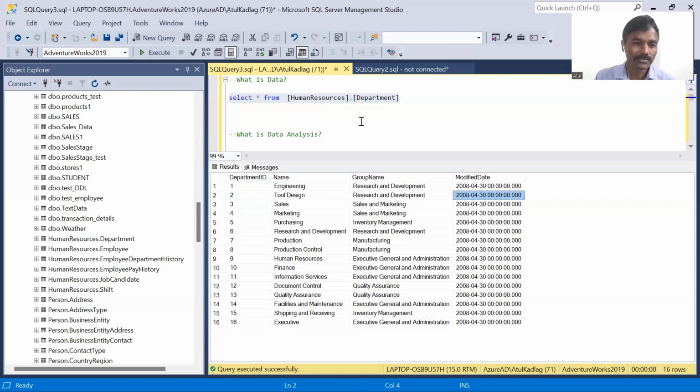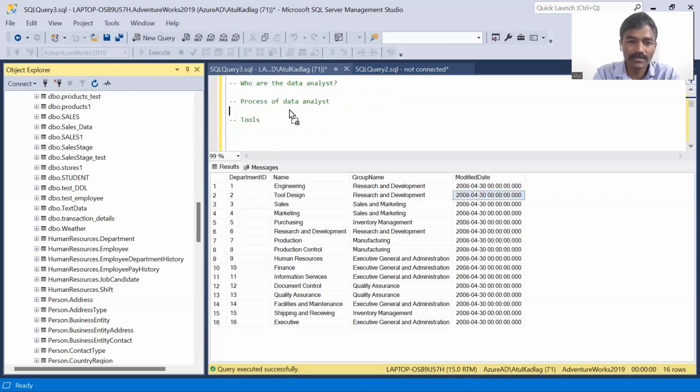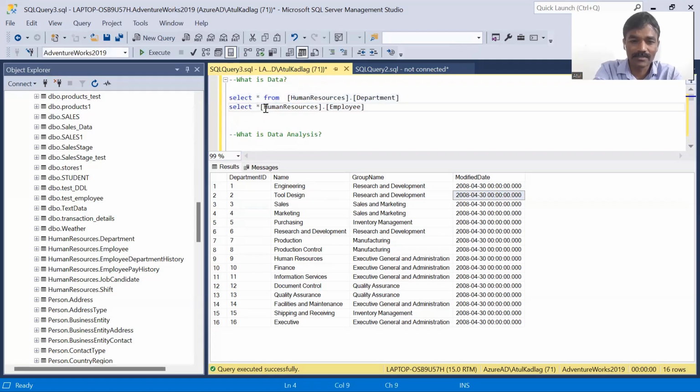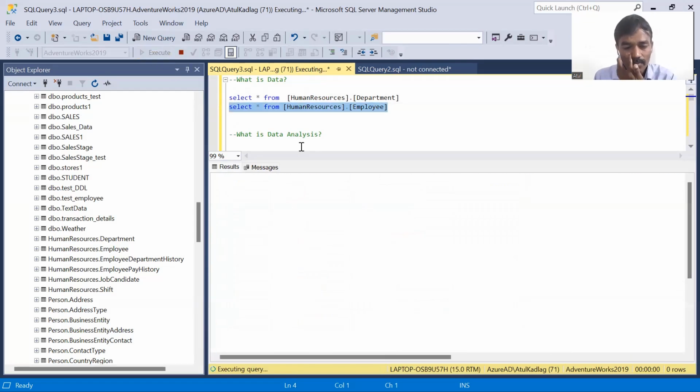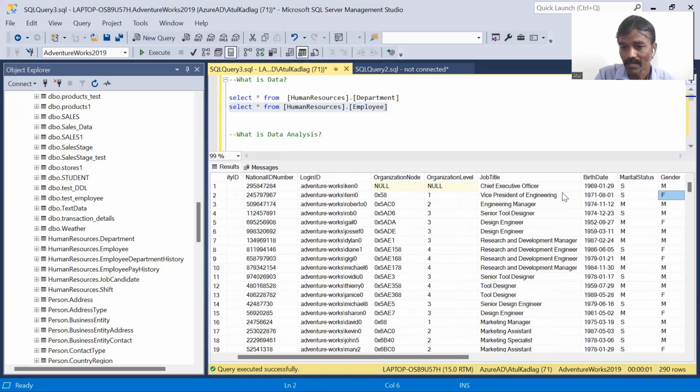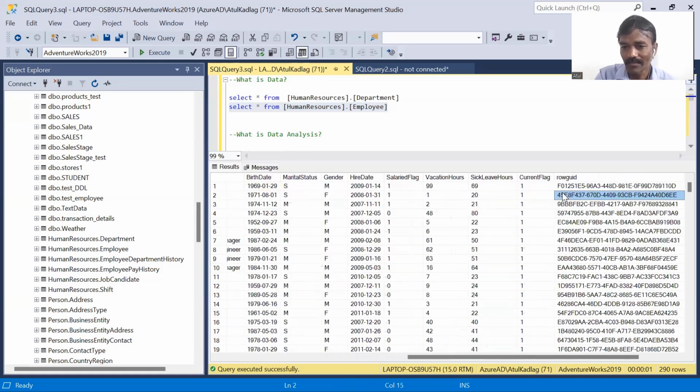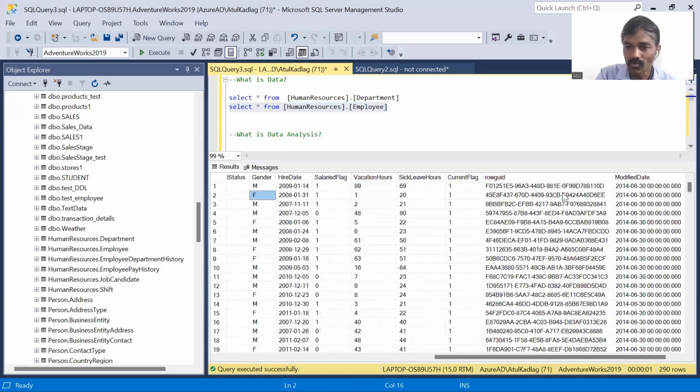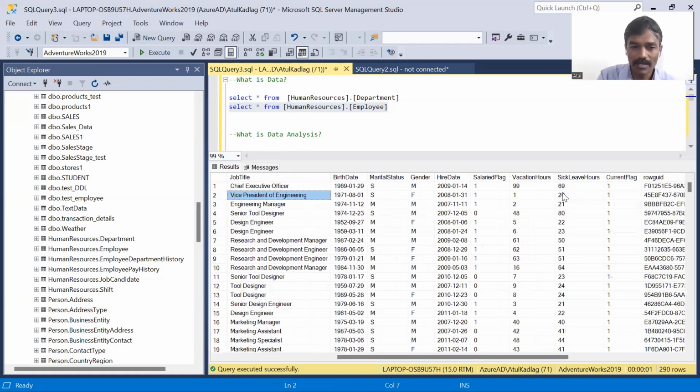There are other tables as well. Let's say select star from employee. This employee table holds information about the login ID, the national ID number, organization node, level, job title, birth date, marital status, and many other things which hold information about a particular employee.